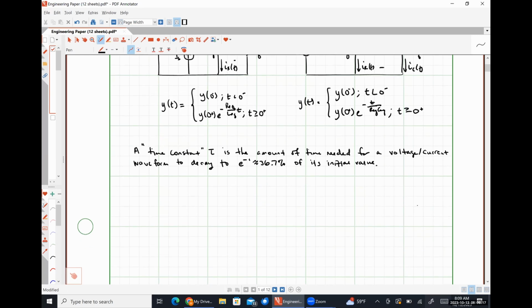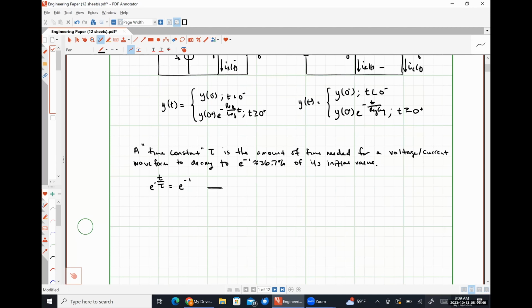So mathematically, what this means is literally e to the negative t over tau must be equal to e to the minus 1.